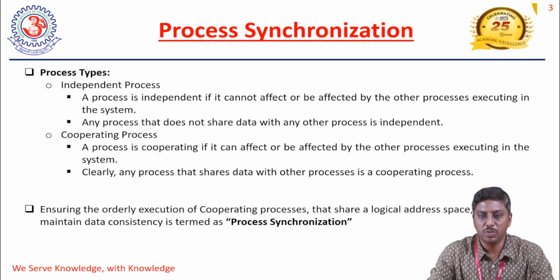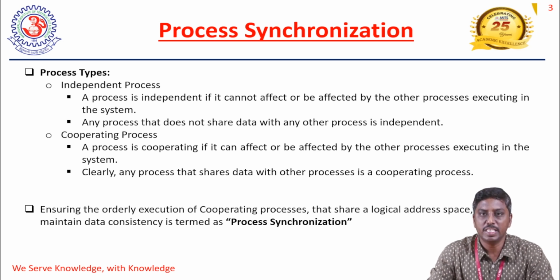So when will a process get affected? When a process shares some data or some other resource with another process, then that process can easily get affected by, or create an effect on, the other process. In reality, most processes are cooperating processes. Now we'll define process synchronization.